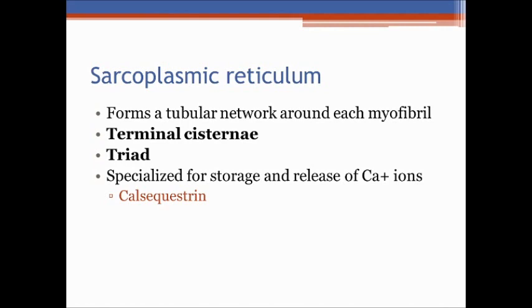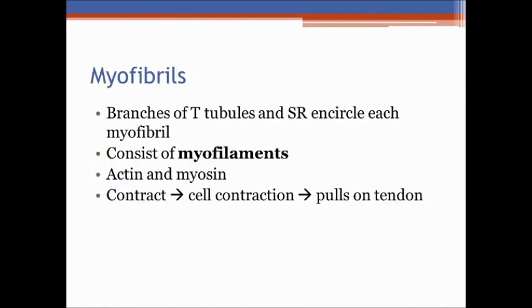The triad contains calsequestrin, which is specialized for the storage and release of calcium ions, so calcium can reversibly bind here. Branches of the T-tubule and sarcoplasmic reticulum encircle each myofibril.